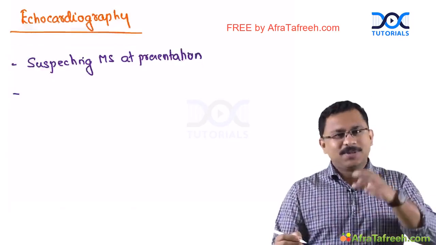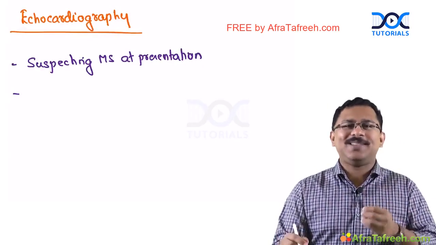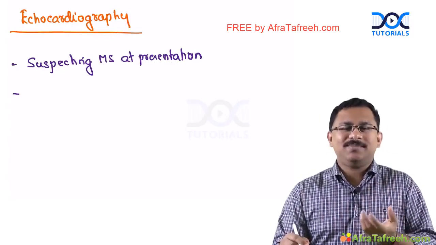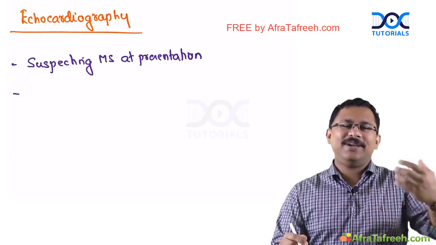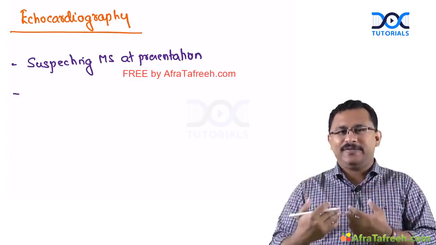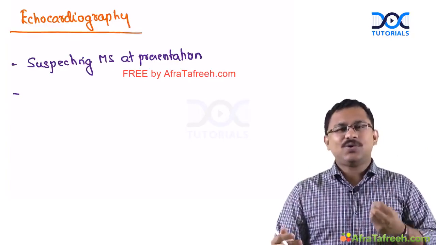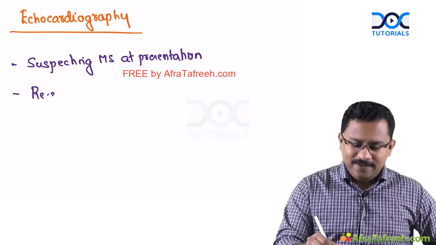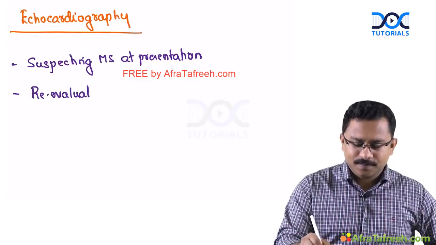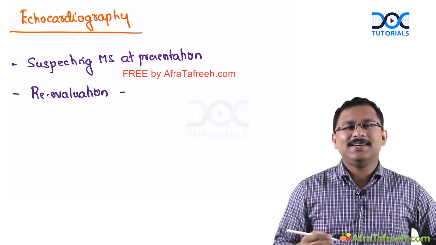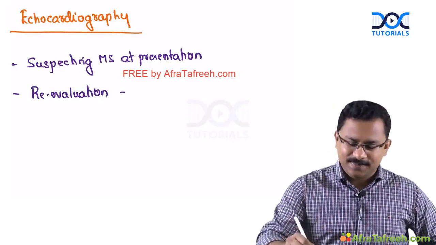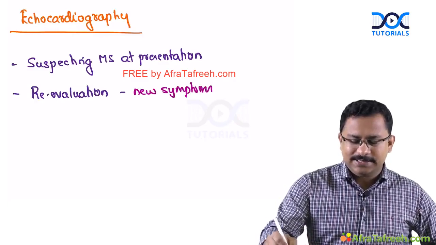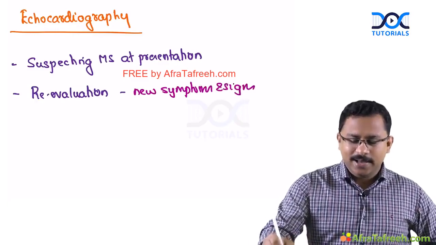Now suppose the patient has already been diagnosed with mitral stenosis. Now he goes on to develop new symptoms. He can develop features of right-sided heart failure as the disease progresses. So as a part of re-evaluation, when the patient has new symptoms and signs, he will require an echo.